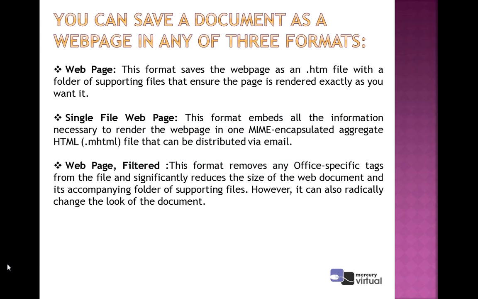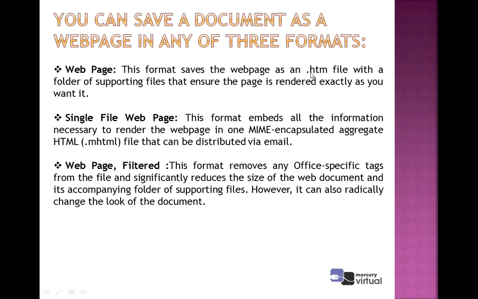Then next slide says you can save a document as a web page in any of the three formats. What is a web page? A web page is the page that is displayed on a browser, on the internet. So it is of three formats. First is web page, then single file web page, then web page filtered. First is web page.